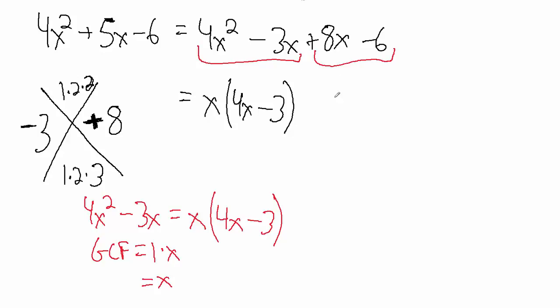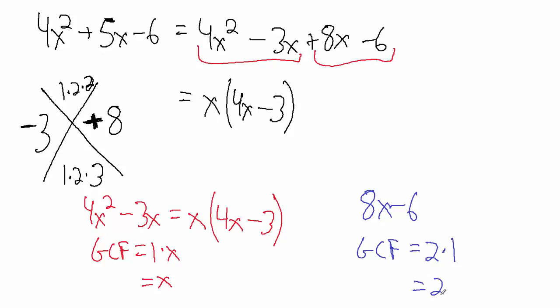Okay? Now what about the rest of this? So we'll come back down to the side separately again, and we'll look at 8x minus 6. And what's the GCF of this expression here? So between 8 and 6, the greatest common factor is 2. And here's an x, here's no x, so the greatest common factor for the variables is technically 1.